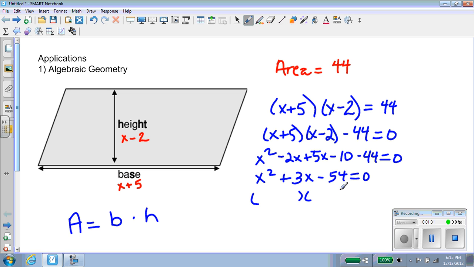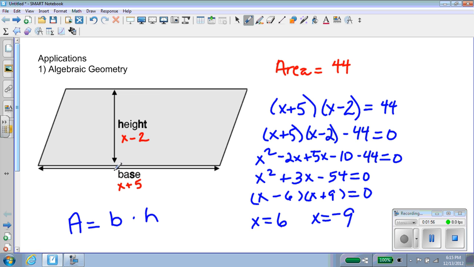Now I can factor: x and x. I'm thinking 6 and 9, with the 6 being negative and the 9 being positive. So if x minus 6 equals 0, then x could be 6. And if x plus 9 equals 0, x could be negative 9.